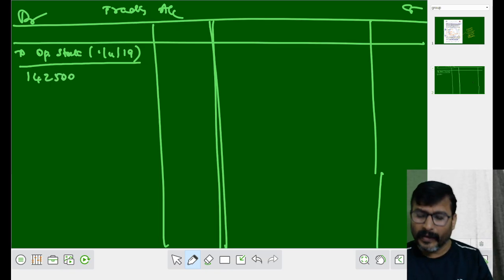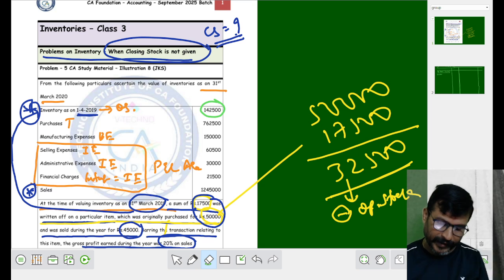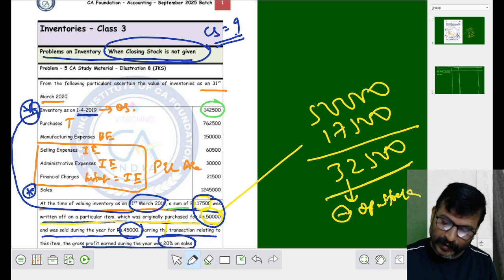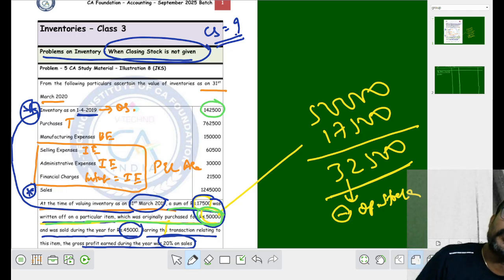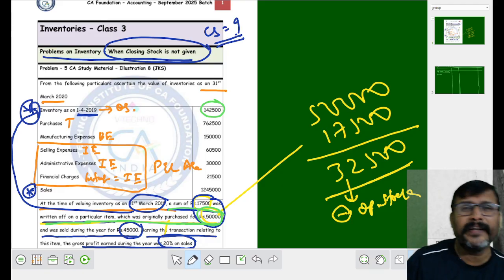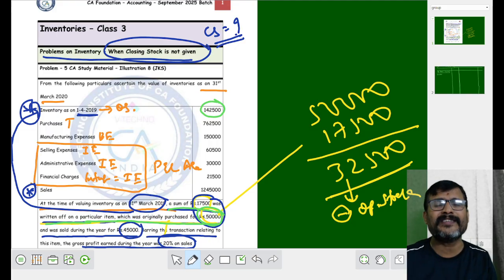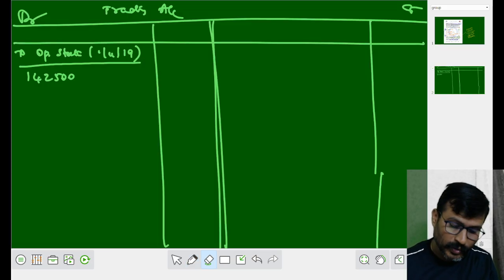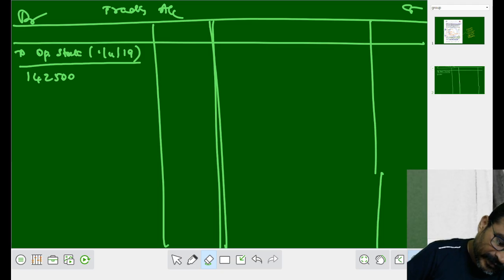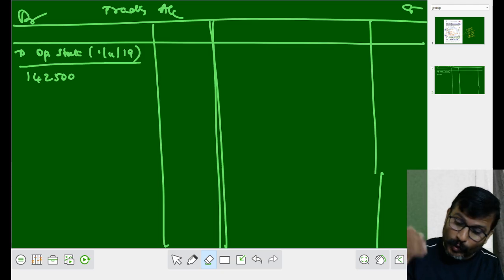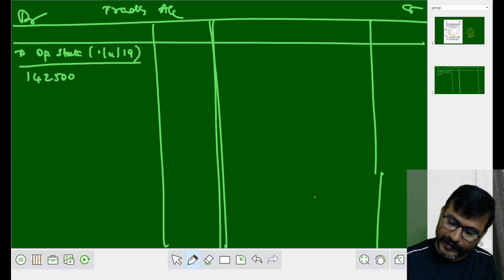Out of this 1,42,500, what happened? A sum of 17,500 was written off on a particular item which was originally purchased for 50,000. This inventory was purchased for 50,000, but you have written off only 17,500. Then how much is not written off? 32,500 is not written off. Now we have to subtract that 32,500. See here.